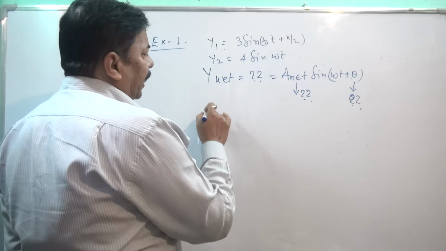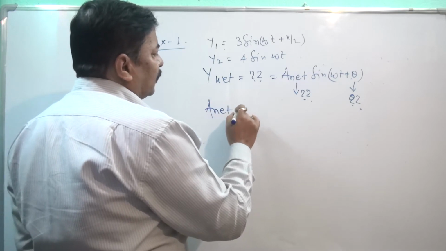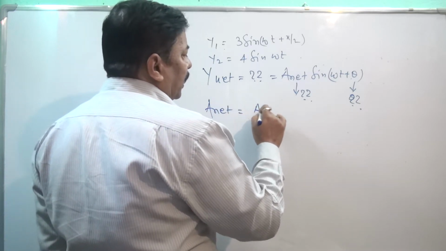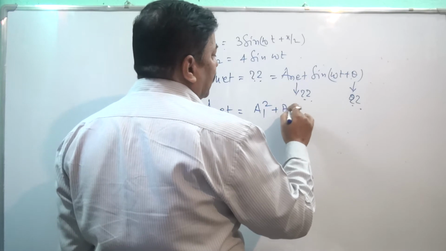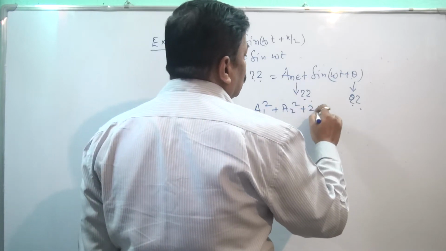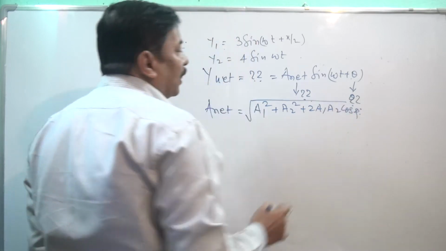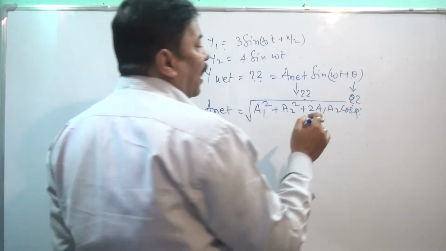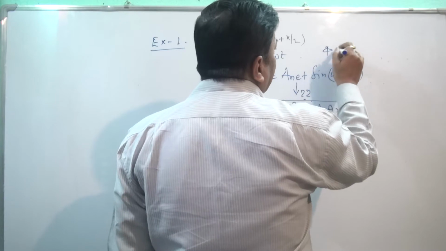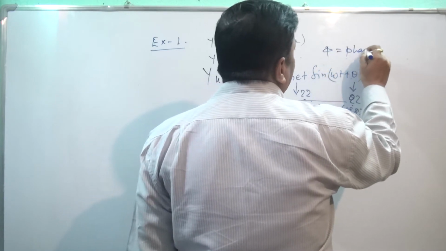So a net, as you know, is under root a1 square plus a2 square plus 2 a1 a2 cos phi. This is the value of a net, and phi is the phase difference.